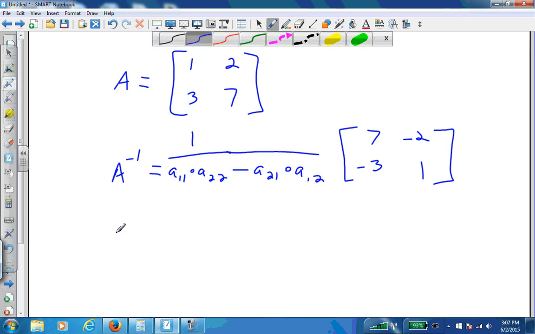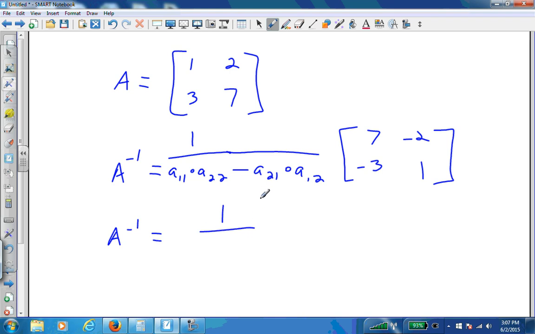So let's see if that works. Let's see if we get that same thing. So 1 times 7 is 7. 3 times 2 is 6. We swapped 1 and 7. We changed the signs of these.